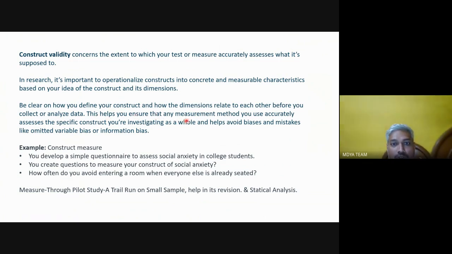This helps you ensure that any measurement method you use accurately assesses the specific construct you are investigating as a whole, and helps avoid biases and mistakes like omitted variable bias or information bias.